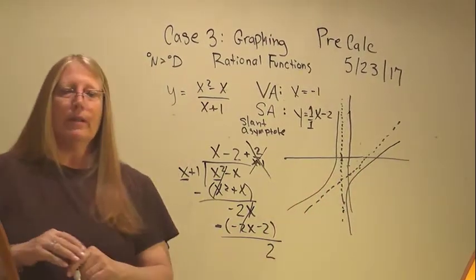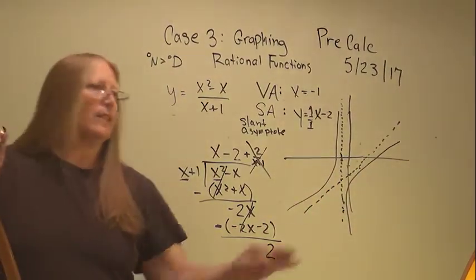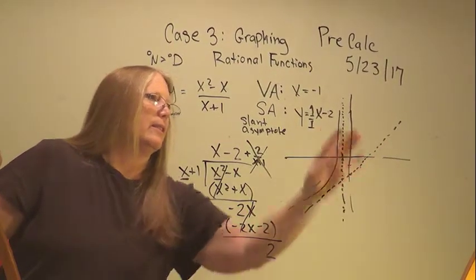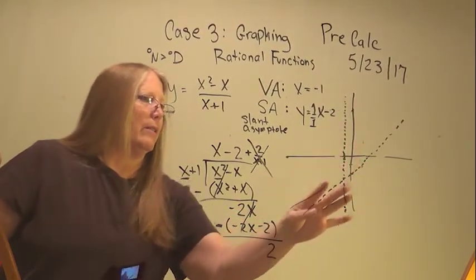Alright, so we've seen this slash slash behavior before, and it's no different with slant asymptotes.